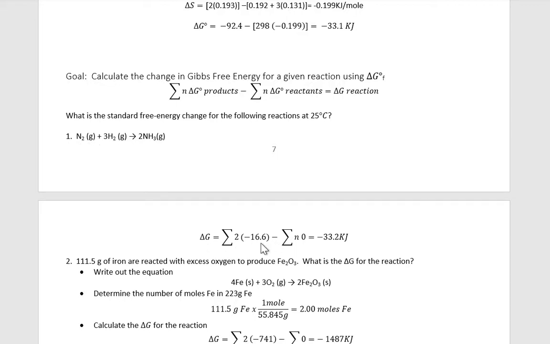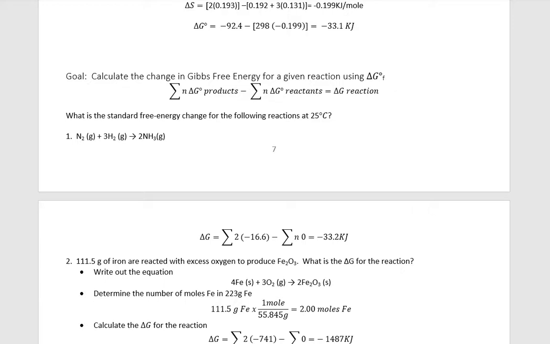So I have 2 times negative 16.6. Subtract 0 from that, and I end up with a negative 33.2 kilojoules. And that's not exactly the same number as we calculated up here, but that doesn't matter. We're close. So those are 2 different ways to calculate the delta G of a reaction.